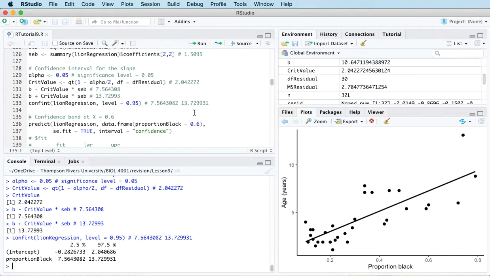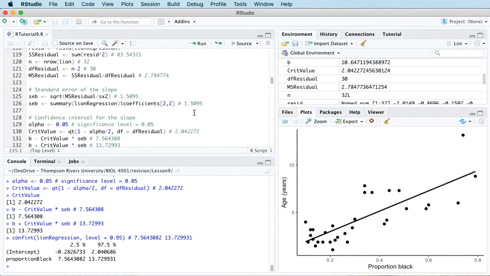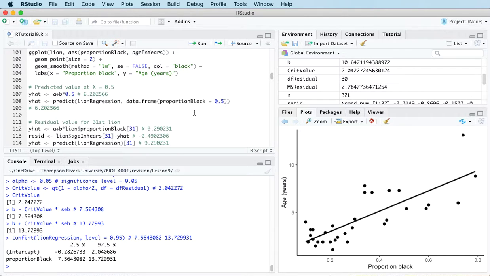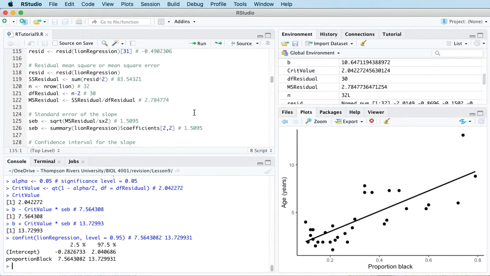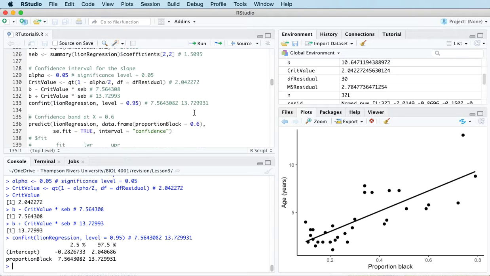So we've looked at a few more details of the simple linear regression model. We've looked at predicted values, we've looked at residuals, we've looked at the residual mean square or the mean squared error, we've looked at the standard error of the slope, and then used that to help us figure out a confidence interval for the slope.